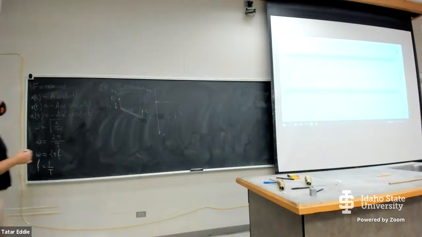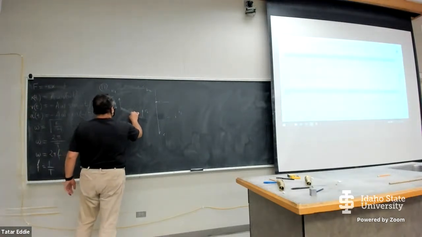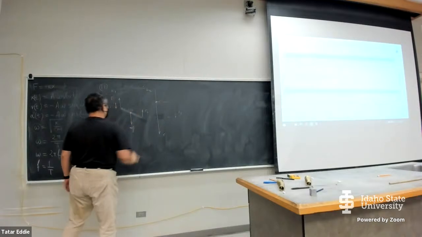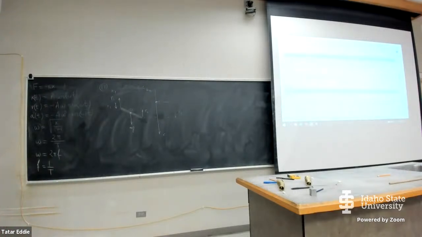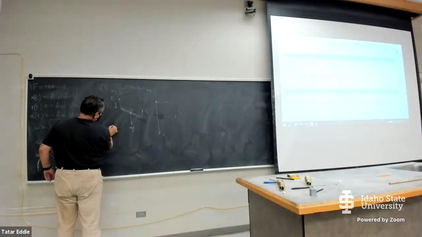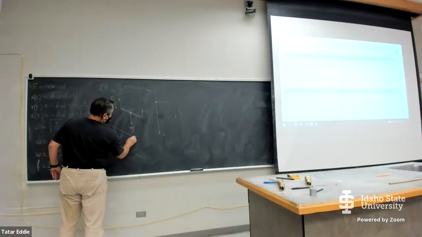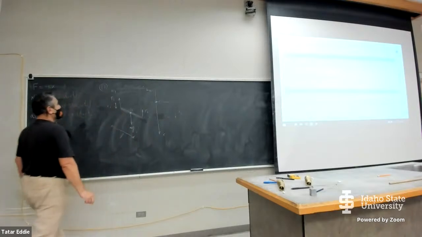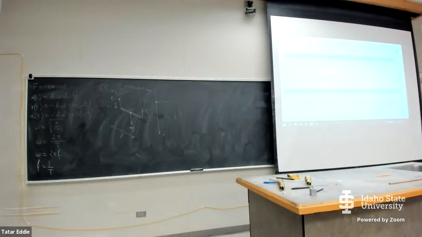And the only other force that acts on the stick is the weight. That weight acts at the center of mass, at the center of gravity of the stick, which is right in the middle. So the length of the stick is, this length is L, and this length is L. In this position, the stick is at equilibrium.